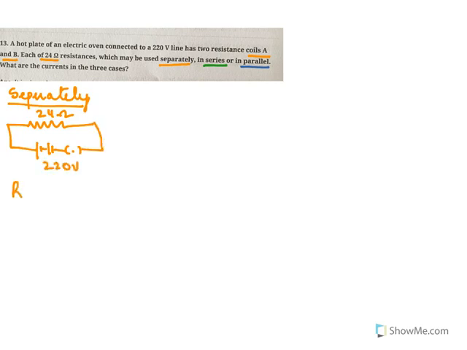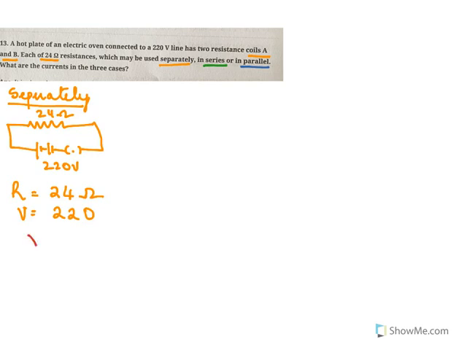So first we'll take up separately. Separately means there's one resistance here which is 24 ohms, which is then connected to a battery of 220 volts. So this is quite direct. Resistance 24 ohms, voltage 220 volts.